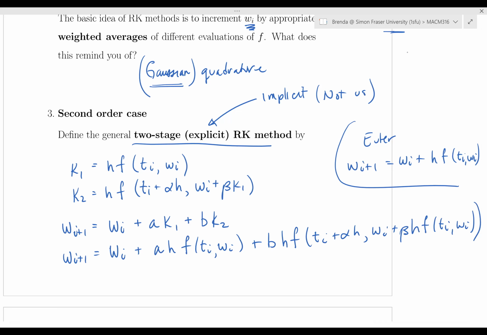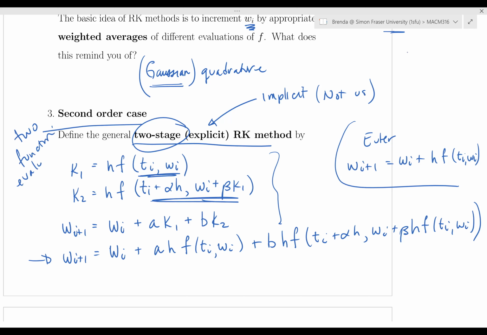You do not need to write it out like this, but I think it is a little nicer to write it out this way. What you're doing is making two function evaluations. You make this function evaluation, and you make this function evaluation. Two function evaluations. And then you update to the next step based on those two, as a weighted average.